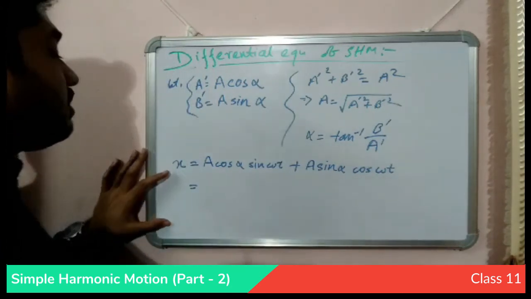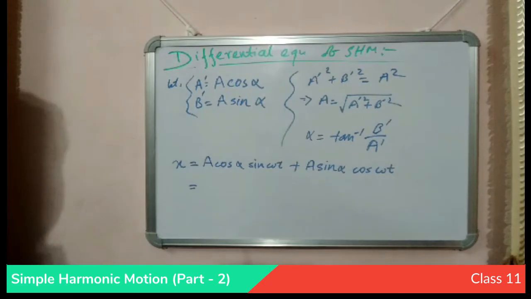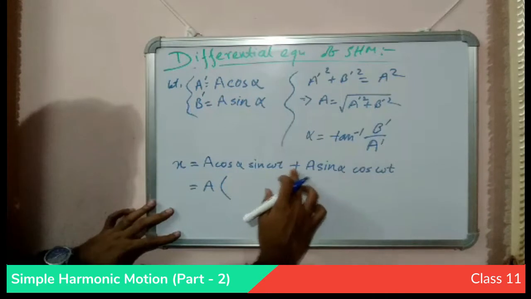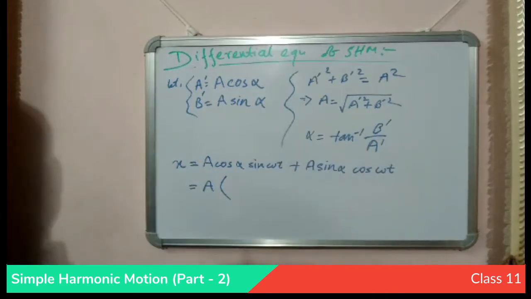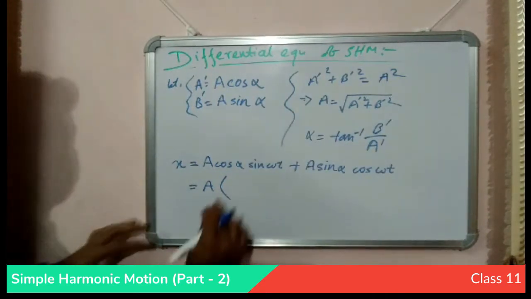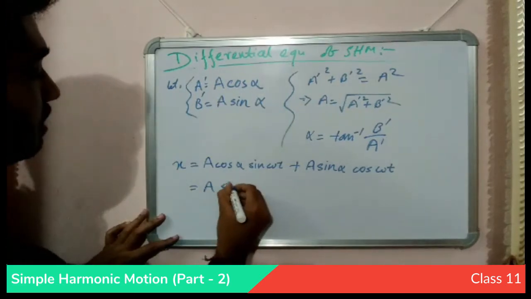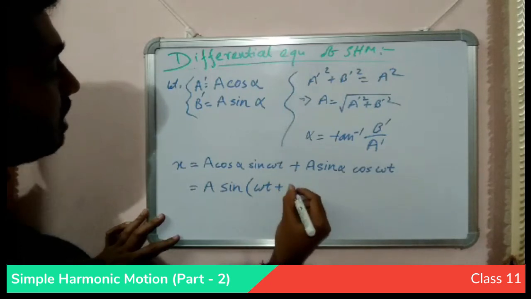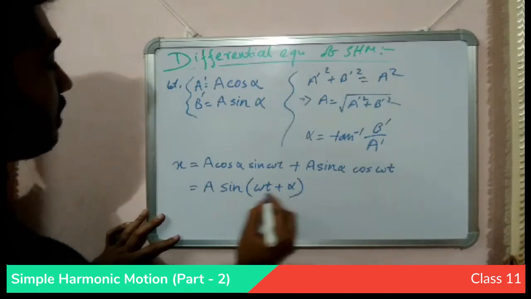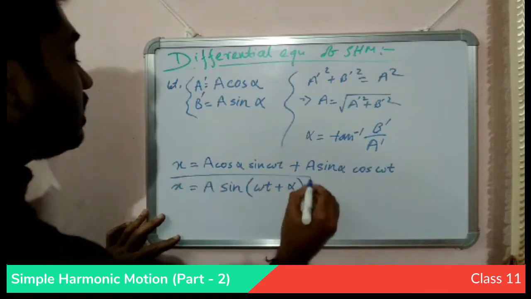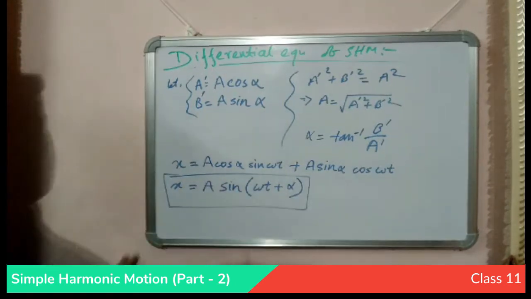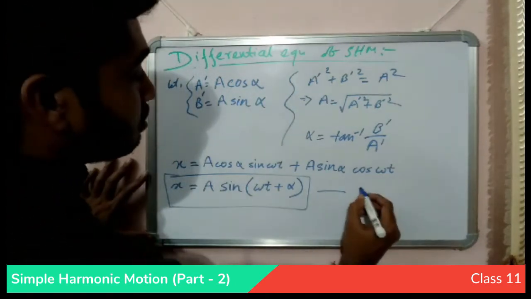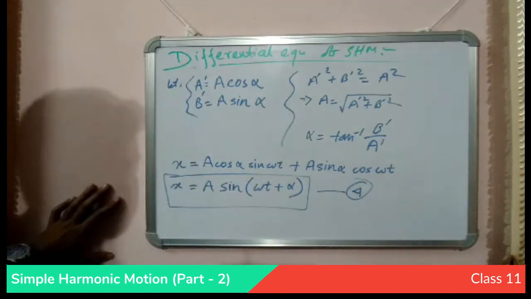And a is common from both, so a times cos alpha sin omega t plus sin alpha cos omega t, and this becomes the formula of sin(A plus B), that is a sin(omega t plus alpha), and this is the reduced displacement equation of SHM. Okay, and I think this is equation 4 of today's class.